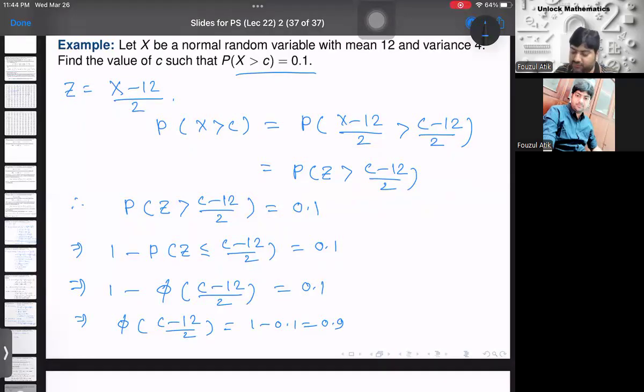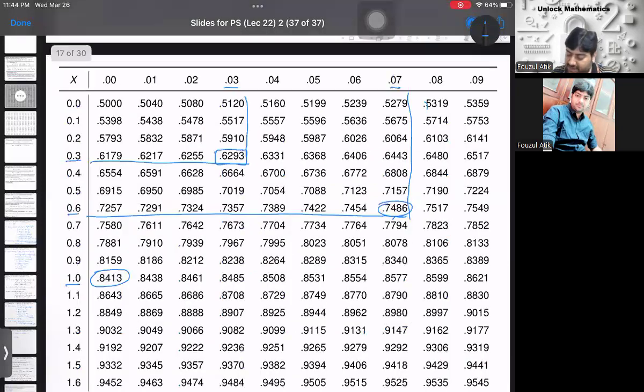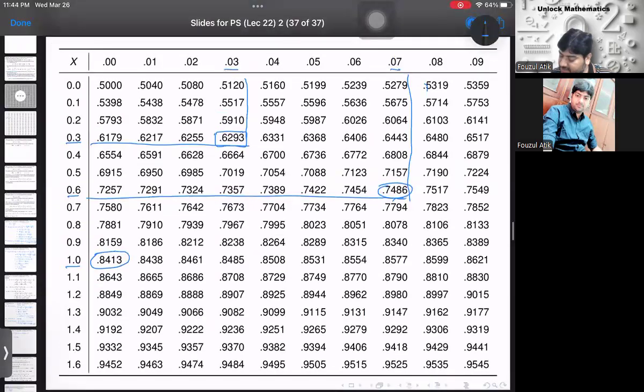So for what value do we get phi equal to 0.9? We'll see in the standard normal table again. Look at the table where 0.9 is. Here it is close to 0.9, this one is also close to 0.9.